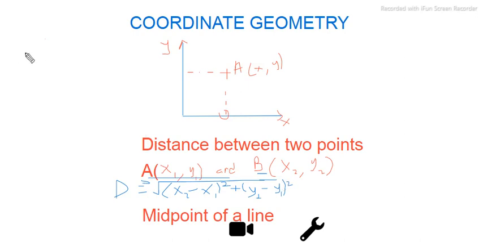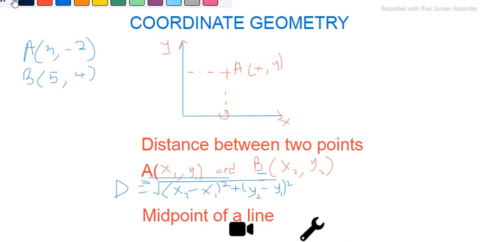Let's say I have point A to be 3, minus 2, and I have point B to be 5, 4. So we label the coordinates. For A, this is the x coordinate, so we can call that x1, then this is the y coordinate.